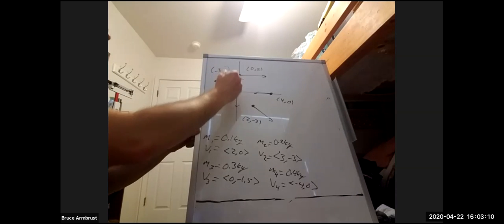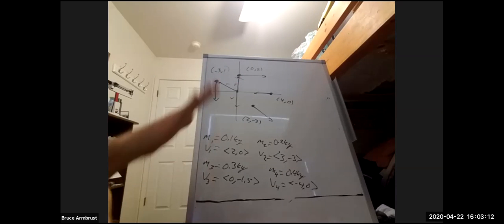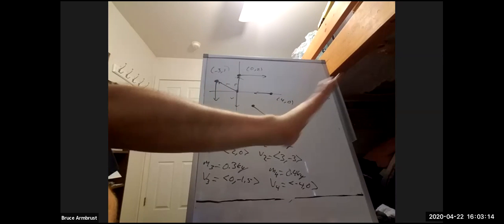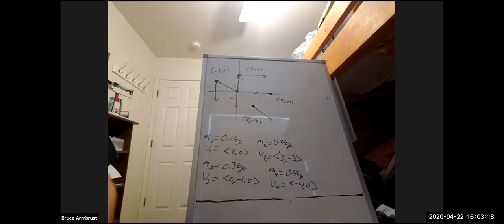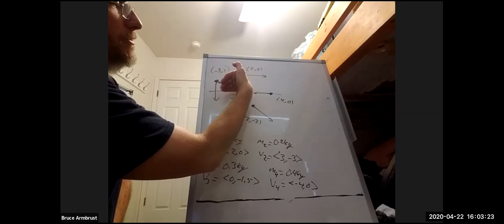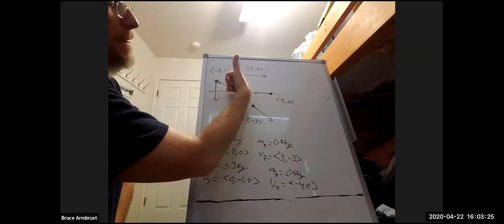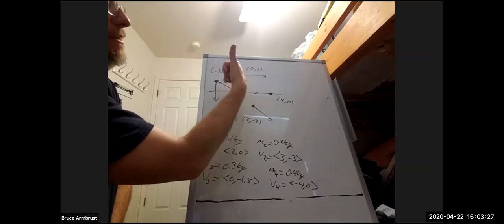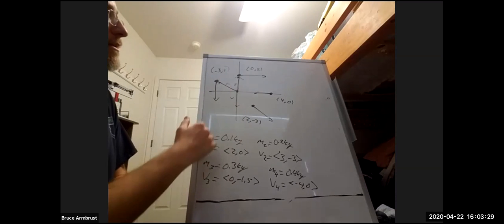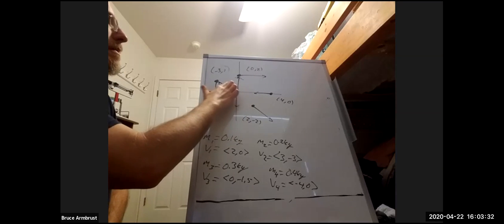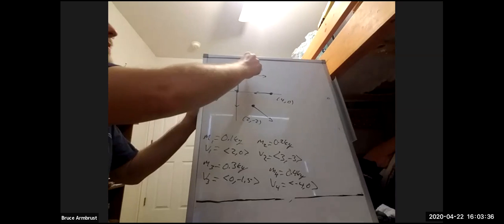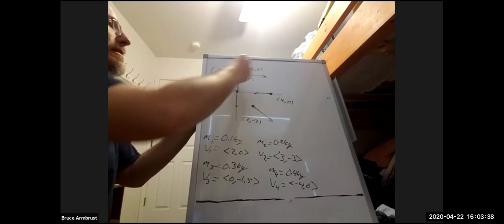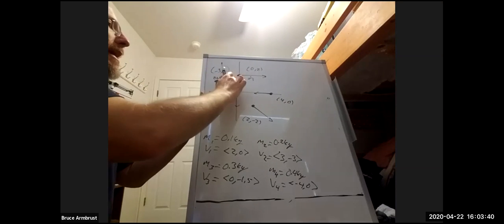All right, so this is my R and that's my V. I need to put my palm in the direction of R, and then I need to curl towards V. So for this one, I'm going to line up this way and curl towards V. And so that one's pointing out of the board. So I'm just going to write here, this one was in, and this one was out.